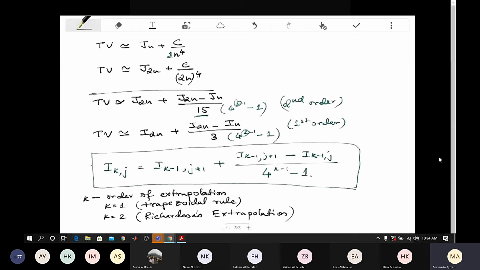And j is the less accurate estimate, and j plus 1 is the next, more accurate estimate.